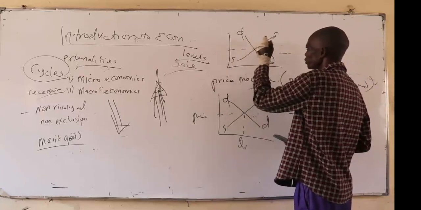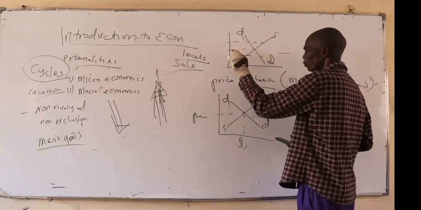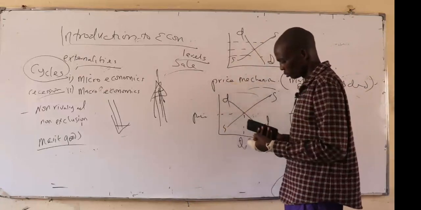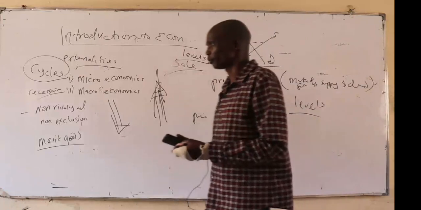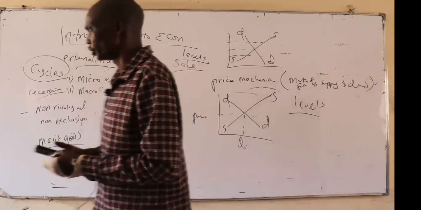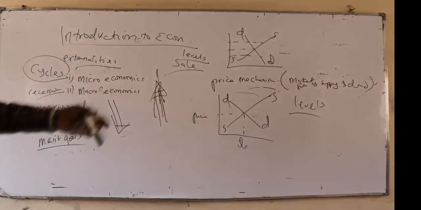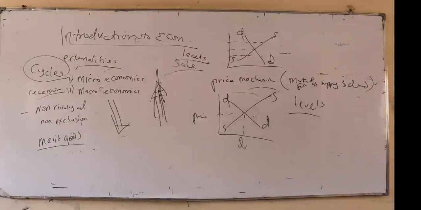Whatever is fixed, you will find is either above or below, because there's a lack of price mechanism. And there are times it is not possible for the Central Planning Authority to gather accurate data to be able to achieve that equilibrium. So usually there is a fixing of wages and prices which are not at equilibrium levels.